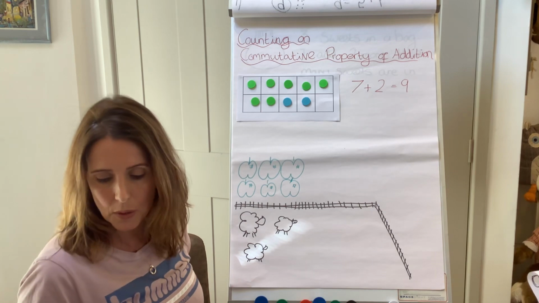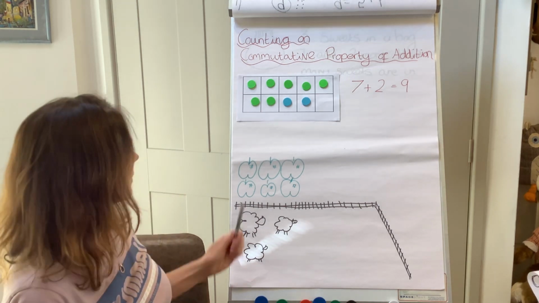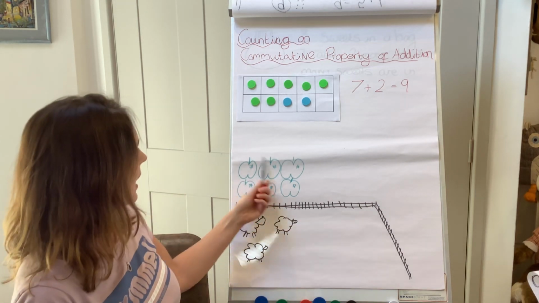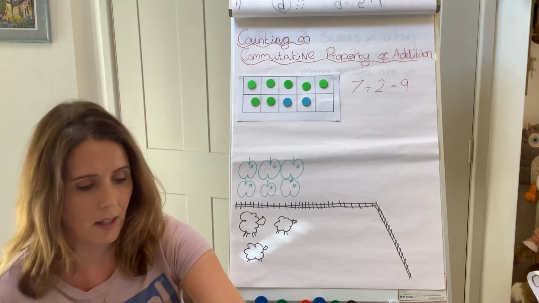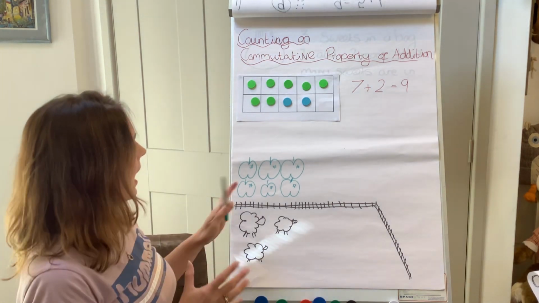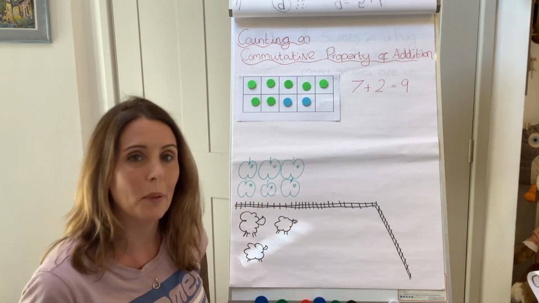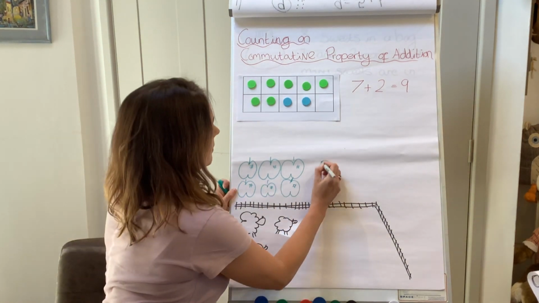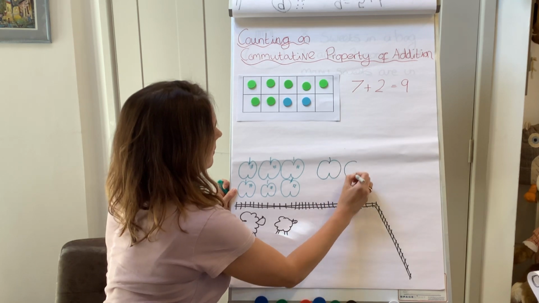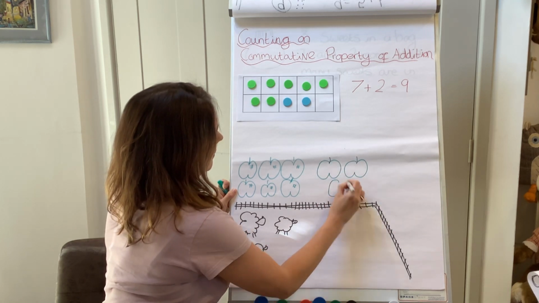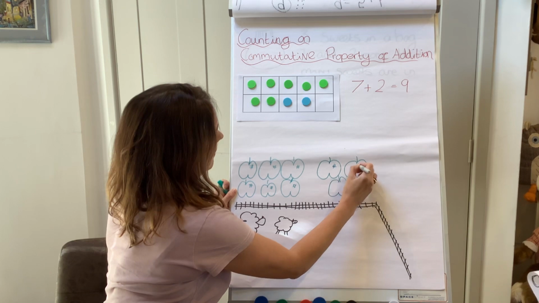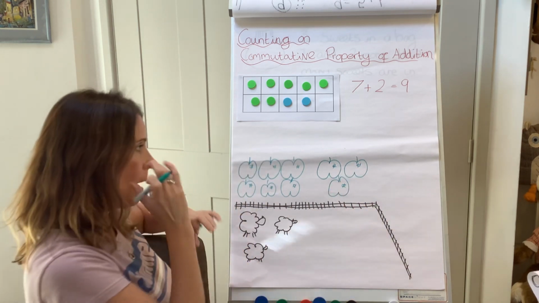The same can be done with objects, any object. So here I've got 6 apples, and I go to the shop and buy 3 more apples. Okay, so how many have I got all together?